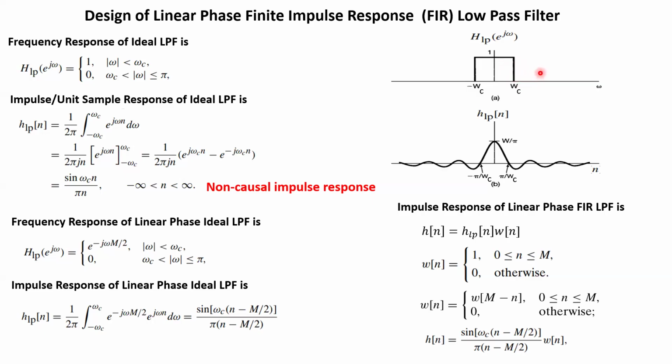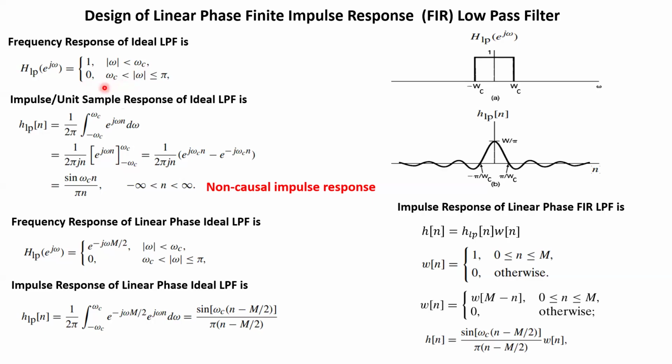This ideal low pass filter frequency response can be mathematically represented by this equation. Here H_LP(e^{j omega}) equals 1 within the pass band, where the cutoff frequency is omega c, and within the stop band it is 0.